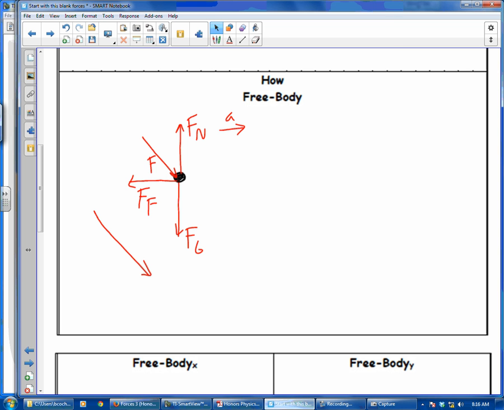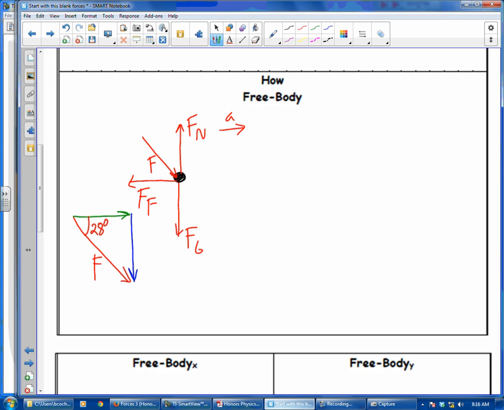So, move that over a little bit. It's going to have a horizontal and a vertical component with this angle for me being 28 degrees. So this, and I called that F. So this side is F cosine 28 degrees, and this side is F sine 28 degrees.